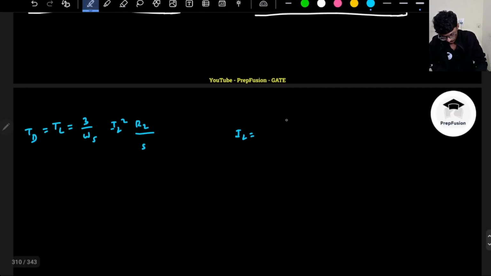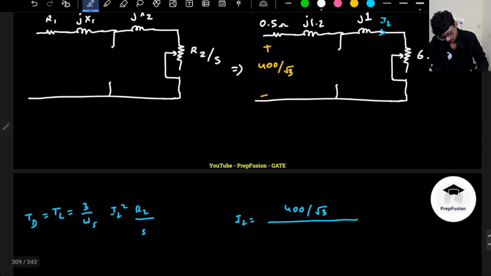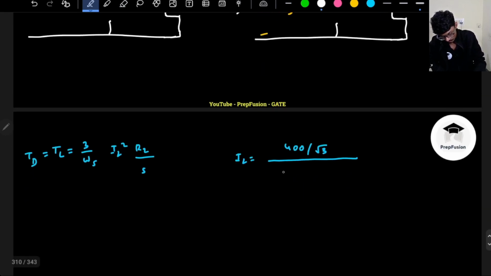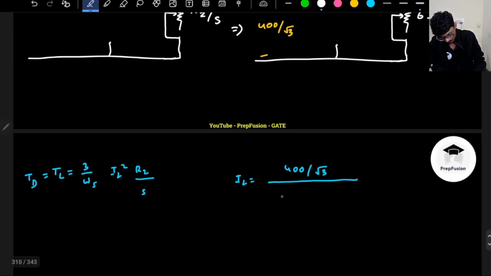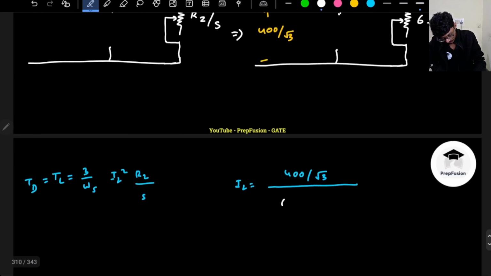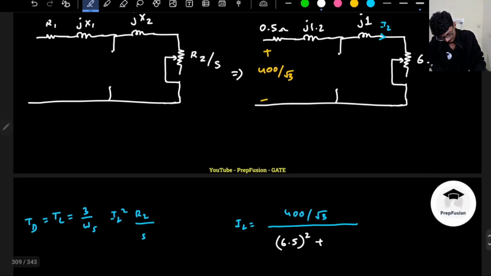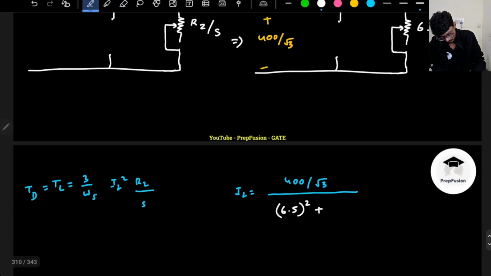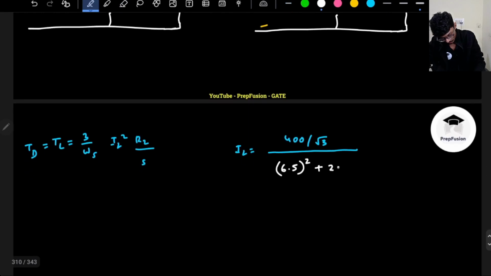So it will be 400 divided by root 3, divided by the whole under root of (0.5 + 1.5 + 6.5) whole square plus 2.2 whole square.